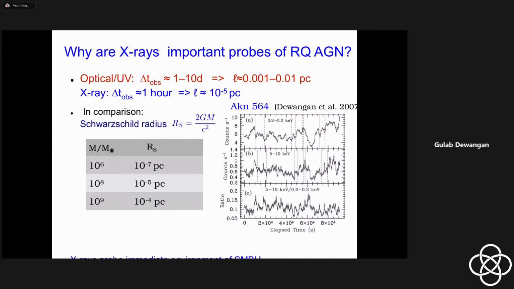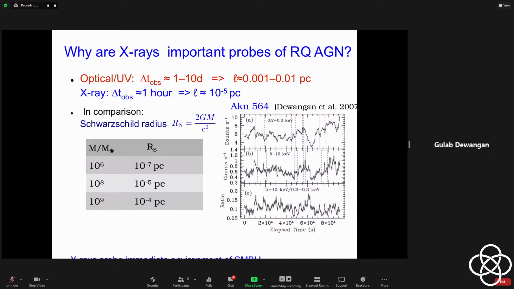This is already comparable to the Schwarzschild radius for a black hole mass of 10 to the power 8 solar mass or so. So if you want to study the innermost regions, the immediate environment of supermassive black holes, then we need to observe X-rays, and that is why X-rays are important probes for studying the inner central engines of radio quiet AGNs.